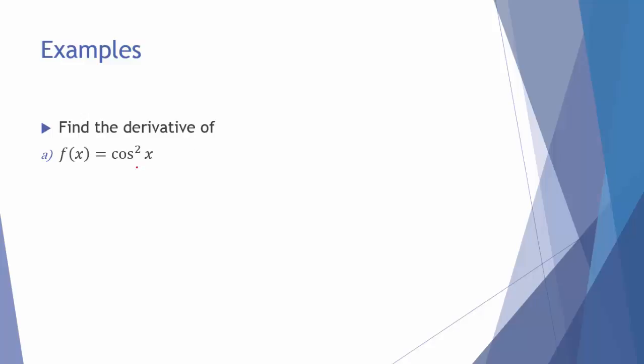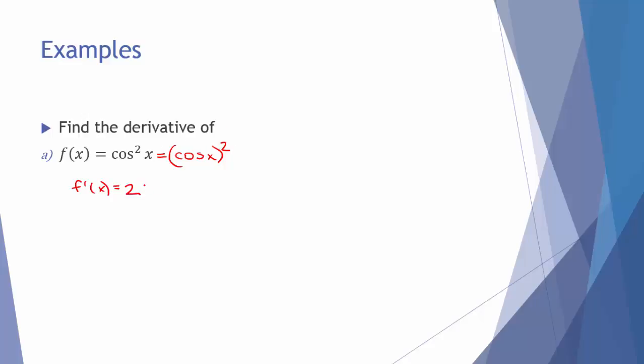Okay, let's take a look at the derivative of f of x equals cosine squared x. So we need to be able to identify the inside function and the outside function. So again, keep in mind, this is the cosine of x squared, which means the inside function is cosine x, the outside function is your squaring function. So the derivative of f at x, we take care of the outside function first.